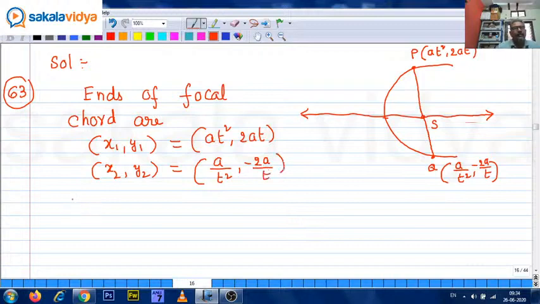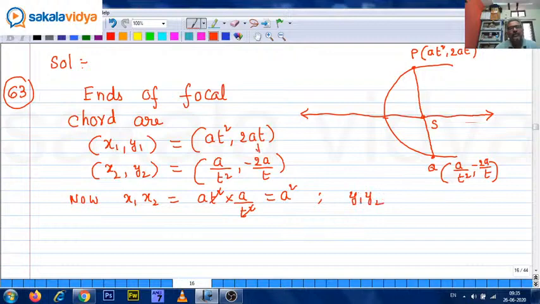So first find x1 into x2. That means at square multiplied by a upon t square. The t square gets cancelled. We have a square. So now let us find y1 into y2, the product of these two. 2at multiplied by minus 2a upon t. The t gets cancelled. We have minus 4a square.